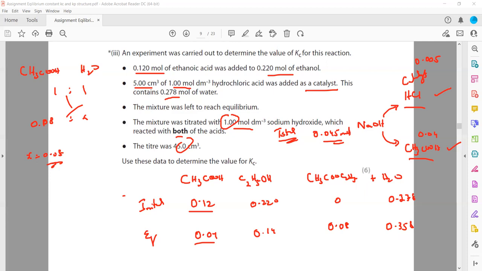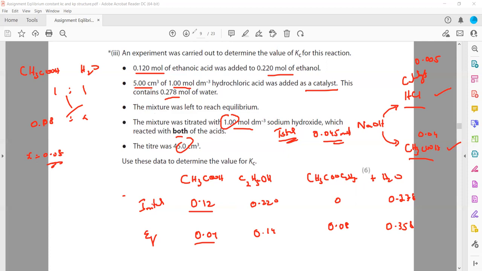Is it clear how I worked out the moles first? The total volume of the solution is not given, and to get the concentration from these moles at equilibrium, we need to divide by volume.